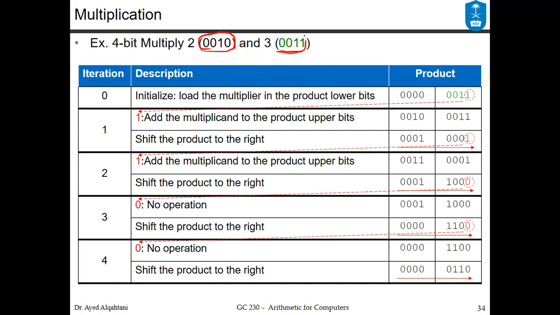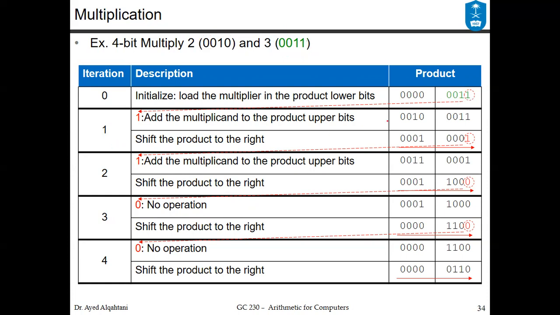We copied the multiplier here at the beginning, and the multiplicand is the one we add to the running sum if there is a 1 in the least significant bit of the product. And this is exactly what happens in these steps. It's the same as we explained in the previous few slides.